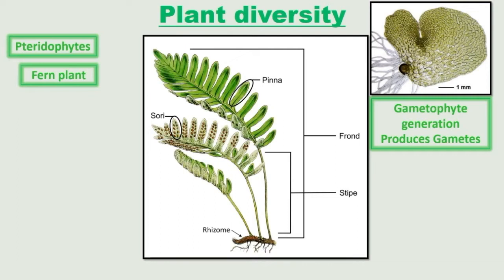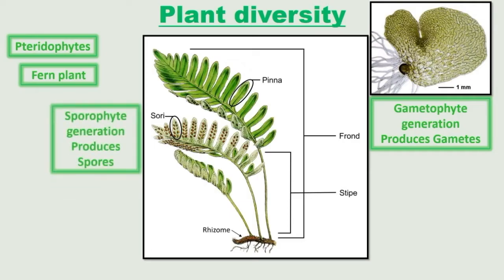The gametophyte generation produces gametes, so sperm cells and ovums, whereas the sporophyte, the part on the left-hand side, produces spores that are haploid. In the fern plant, the dominant generation is the opposite: the sporophyte is the dominant generation, and the prothallus, which is the gametophyte generation, is only temporary.